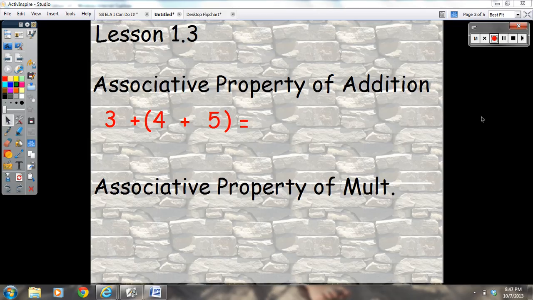Okay, now the associative property is a little bit different from the commutative property. The commutative property focused on the ordering of the numbers. The associative property focuses on the grouping of the numbers. Alright, now these numbers are grouped because of the parentheses that are surrounding them. We know in the order of operations that we need to first solve whatever's in the parentheses.